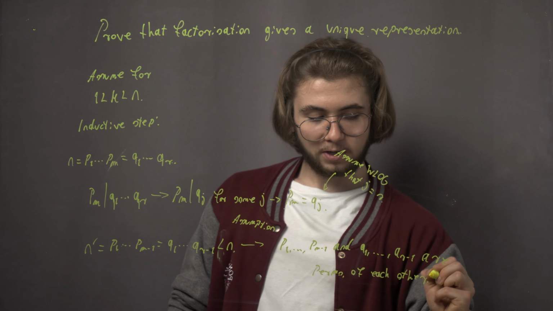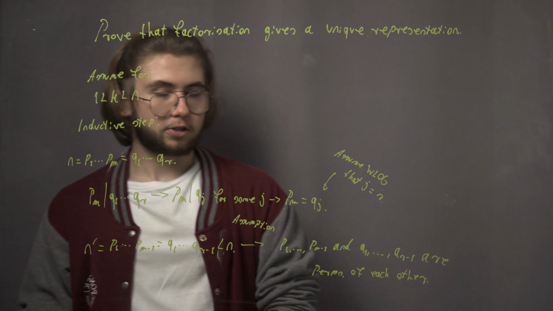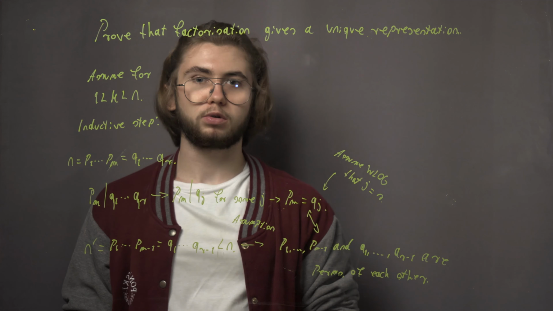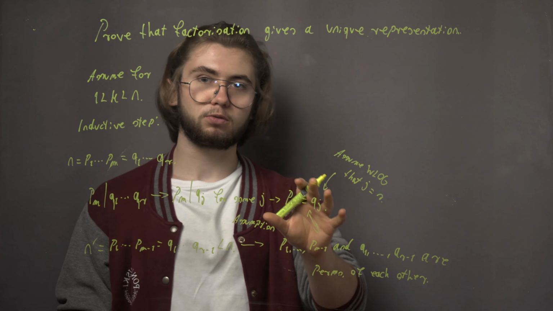That's perfect. But let's now combine it with the fact that p sub m is equal to q sub j, and let's return those two to their respective representations of n.